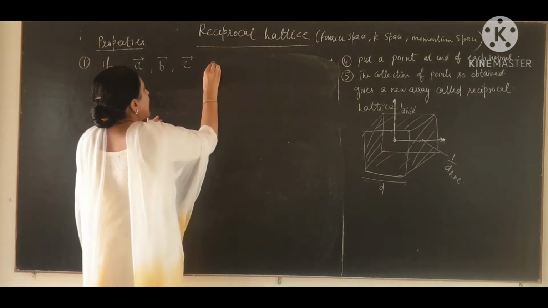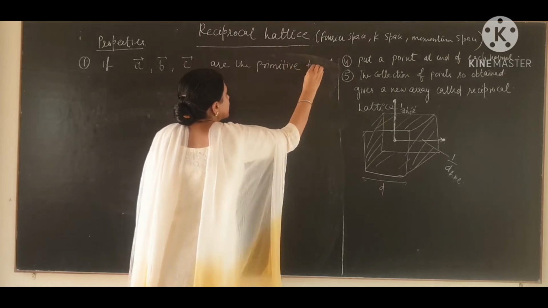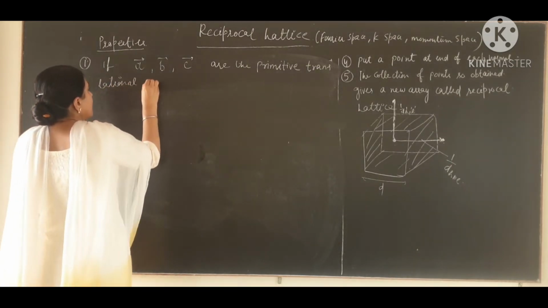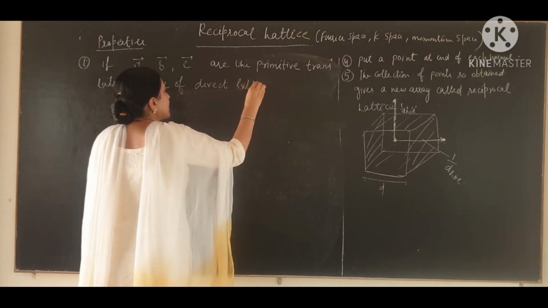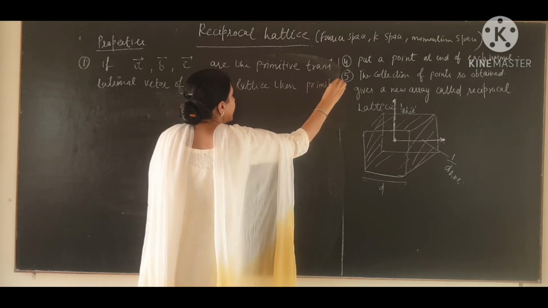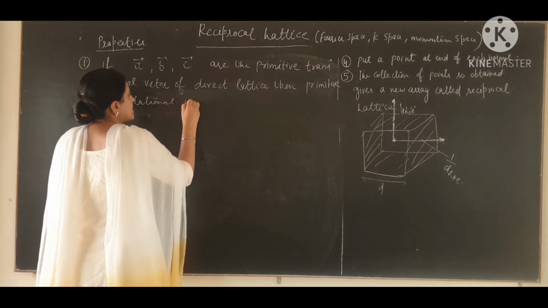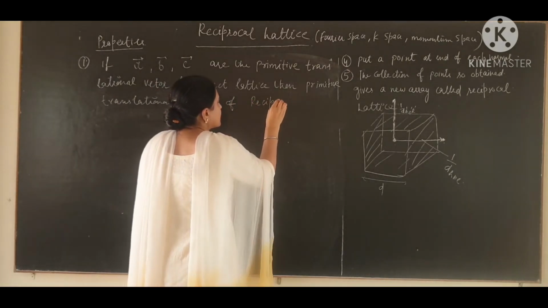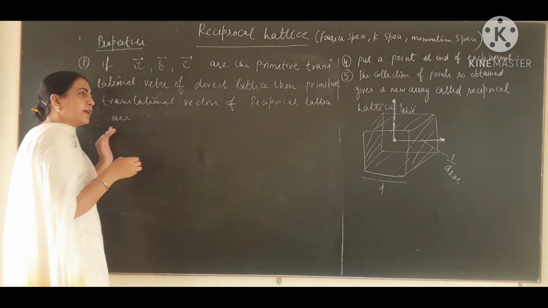If a, b, c are the primitive translational vectors of the direct lattice, then the primitive translational vectors of the reciprocal lattice, this is very important, are, you can take any symbol.